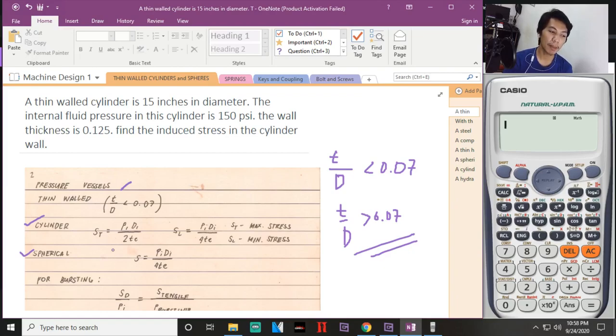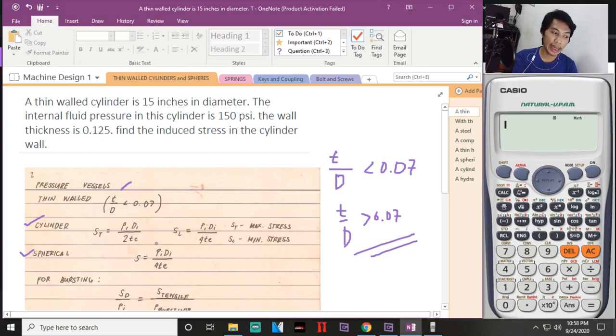Ngayon, ang pag-uusapan dyan, meron sinasabi, hoop stress, normal stress, mga ganun terms. Pero ako hindi ko na sila nilista. All you have to remember is that yung ating tangential stress is always the maximum stress.